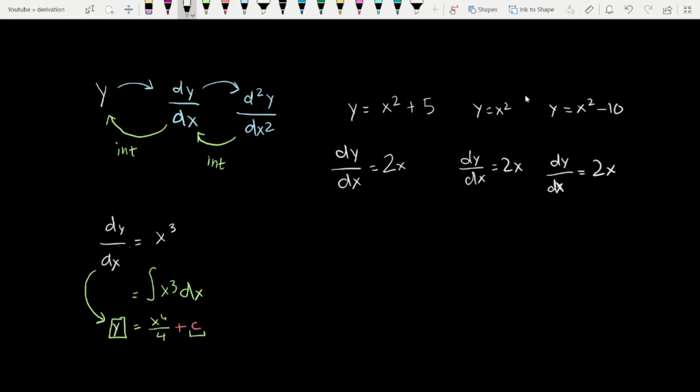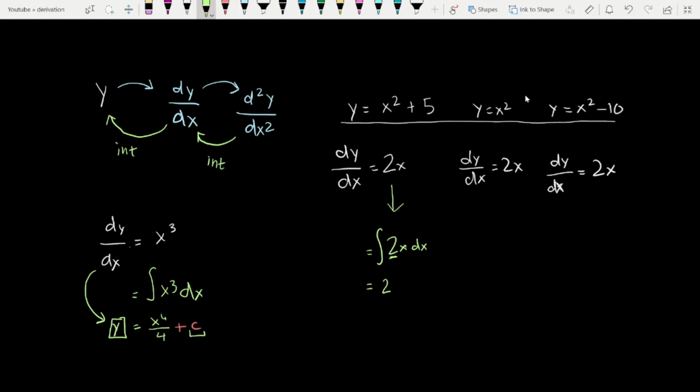Okay, and now let's say I want to reverse this process of differentiation and get those things back. I know I can integrate all of this. So when I integrate this, it's going to be something like this. We know that 2 is a coefficient, so we can drag it outside.